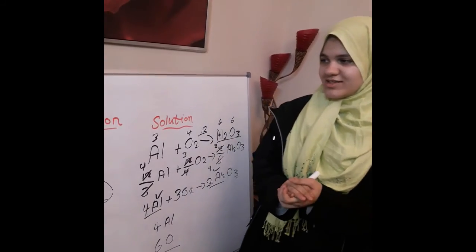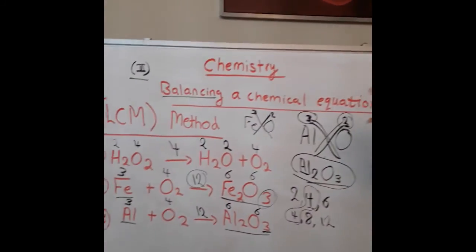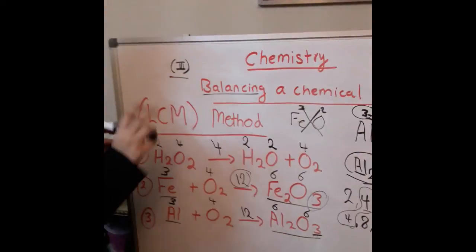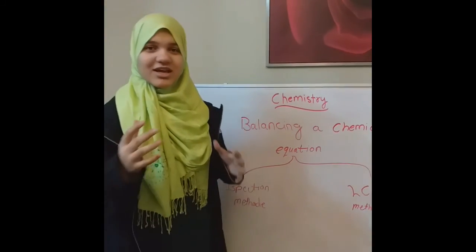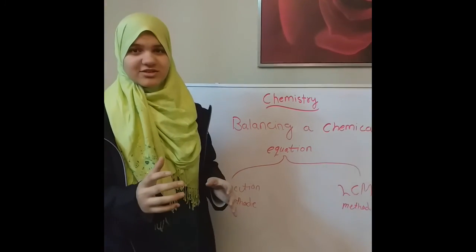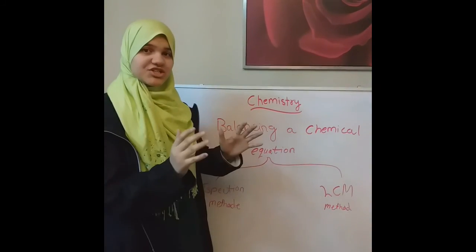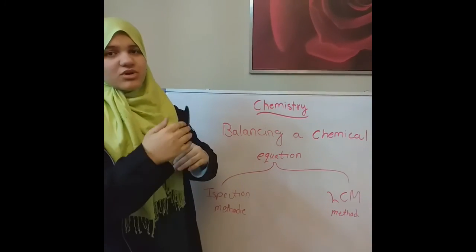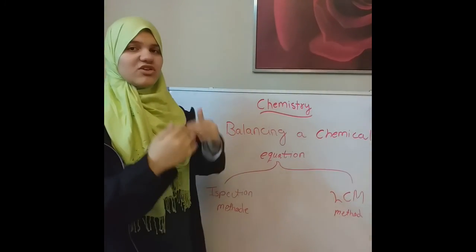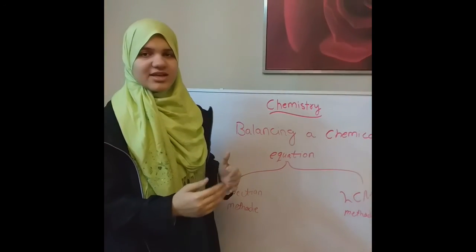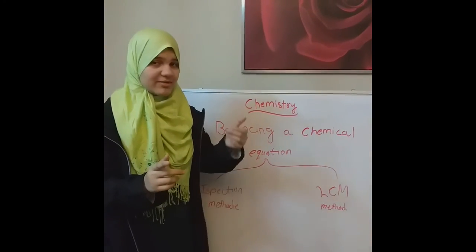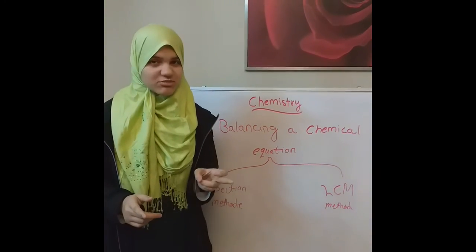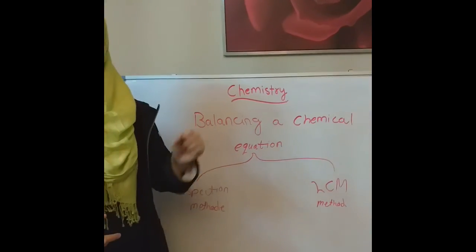So I think you understand how to balance a chemical equation, whether by the LCM or inspection method. I hope you understand how to balance a chemical equation, starting from a word equation. If you are given a word equation, you change it to a chemical equation, then you solve it, then you balance it. Now we have two methods for balancing a chemical equation: the inspection method and the LCM method.